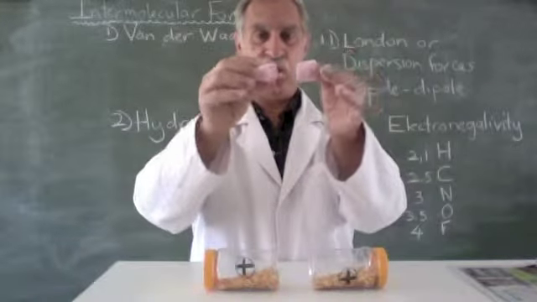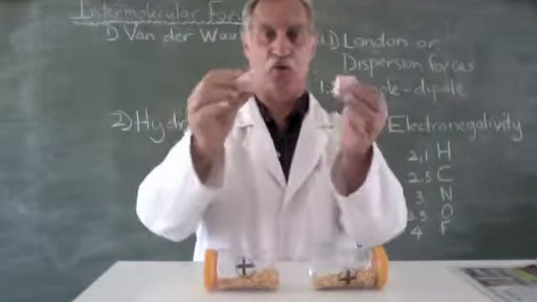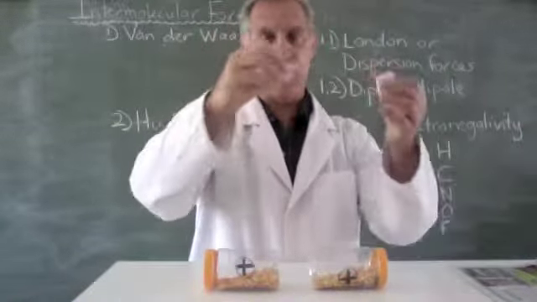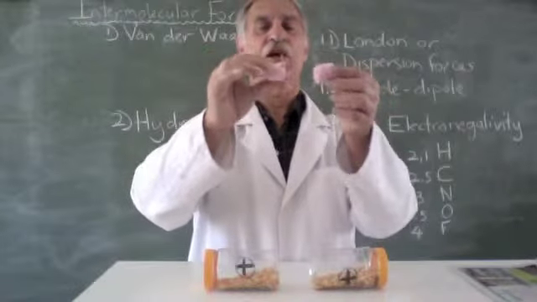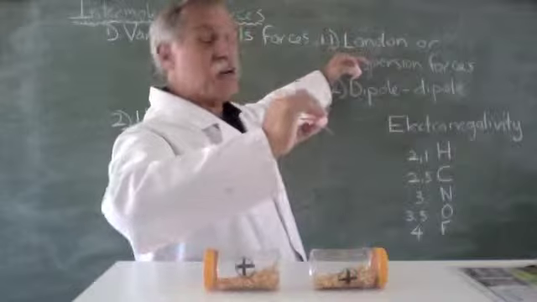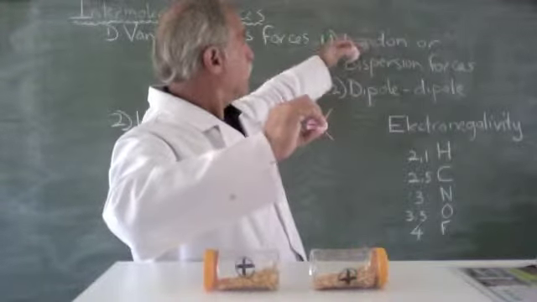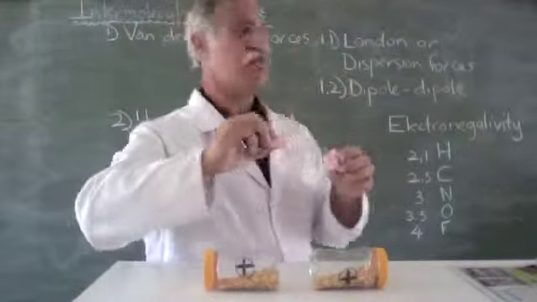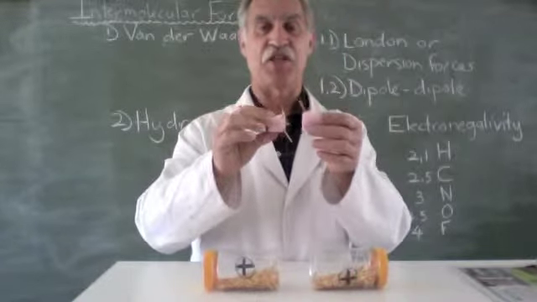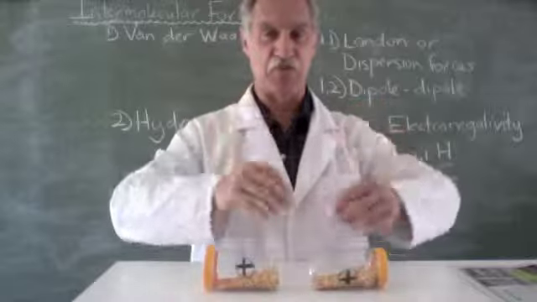The hydrogens can synchronize their electrons so that this one's positive, this one's negative, and then there's a force of attraction. And that is why methane, if you force them together under pressure or cool them, can turn into a liquid due to London or dispersion forces. But this is a fairly weak force, and therefore we've got to press them together.